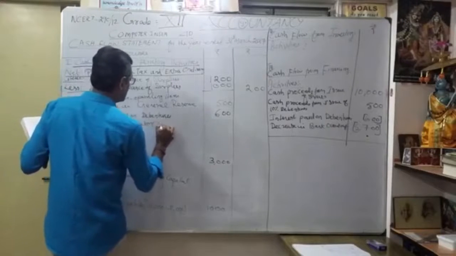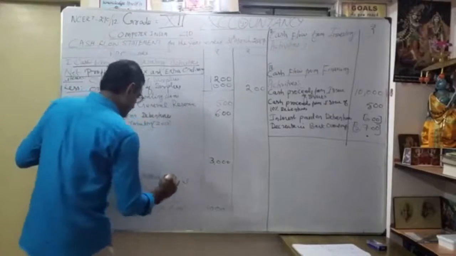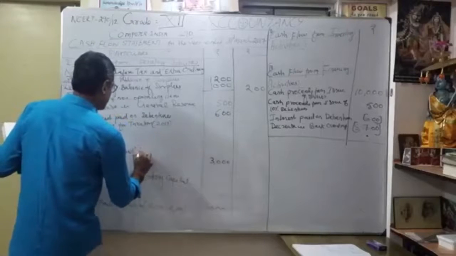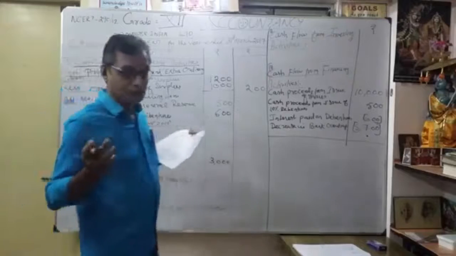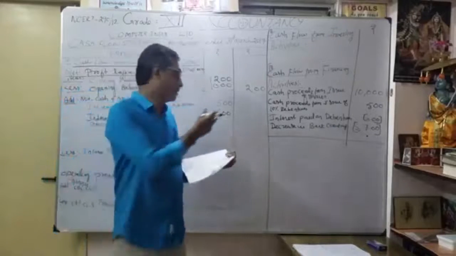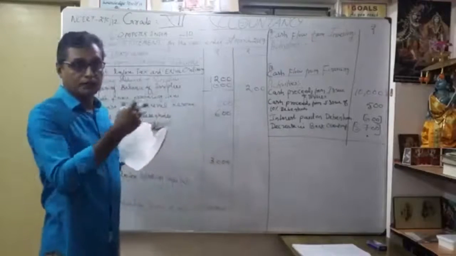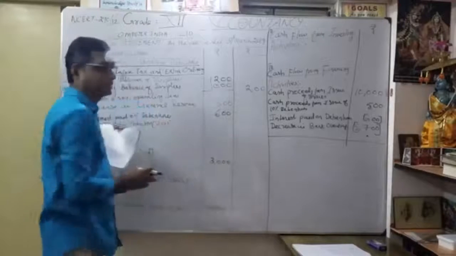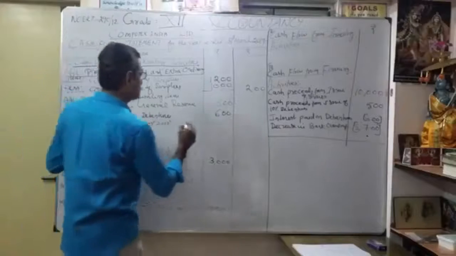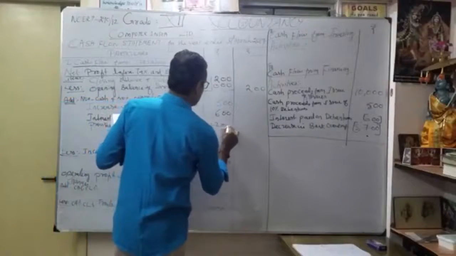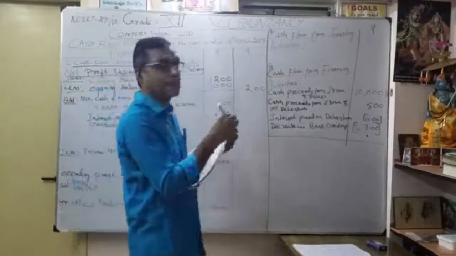This is nothing but 2017. Better write it here for the safer side, for easy understanding. Later on you get confused. So where do you want to show the income tax for previous year, and where for current year? Better put in the bracket here to be on the safer side. Provision for taxation how much? It is 4,200. Now understood. So we have finished our provision for taxation work.